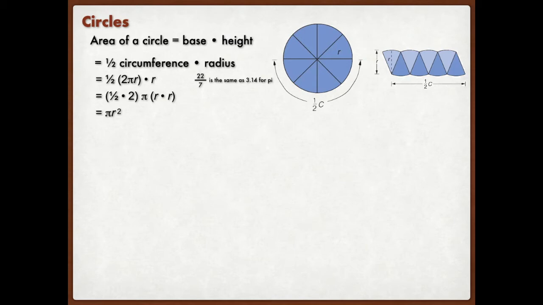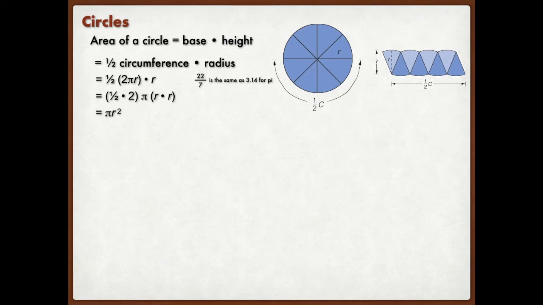But the problem here is if we multiply the circumference by half, remember the circumference is 2 times pi times radius. What's going to happen is the 2 and the half will cancel out. If they cancel out, we are just left with pi times radius in the parentheses times radius.